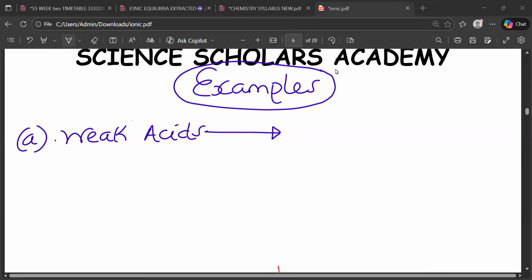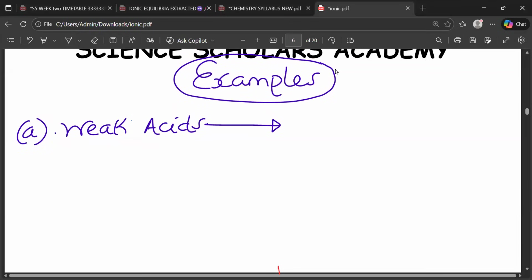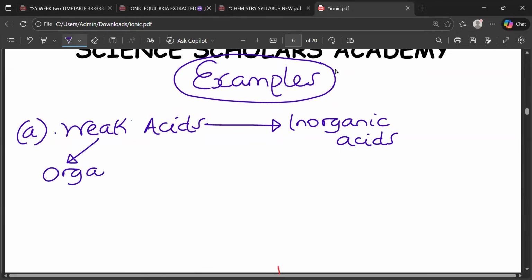So examples of weak acids, we have the inorganic ones. Then the organic acids. So the inorganic acids that we have, someone may be like, doctor, what of the physical acids? Because we also have physical chemistry. That's not how things work.